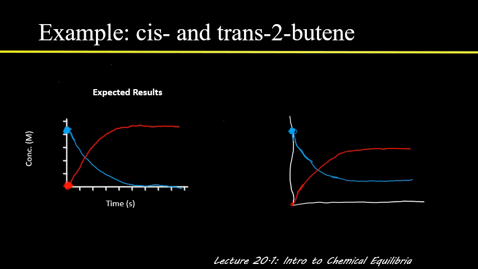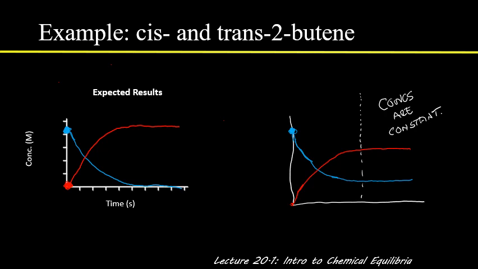And eventually we get to a point out here where the concentrations of the cis and the trans molecules remain constant. We can let it sit for a long time and they never change. They just maintain those same concentrations.